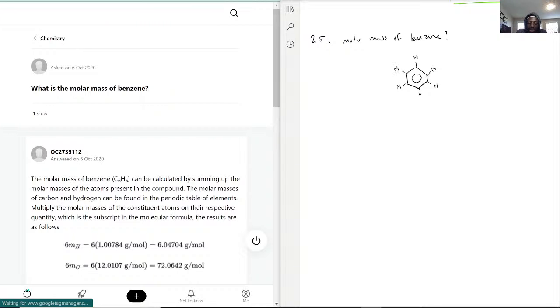It's typically drawn like this because you don't need to show the hydrogens, but only one hydrogen can fit in every corner because it's a combination of single and double bonds all around the ring.